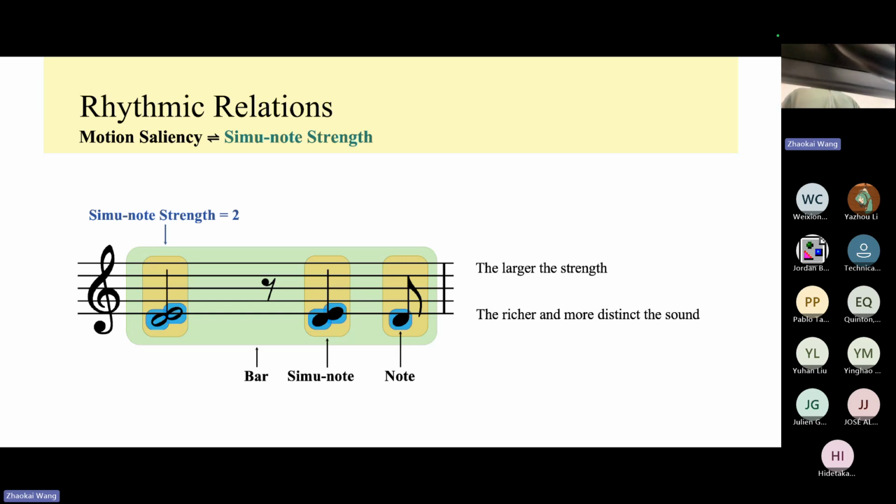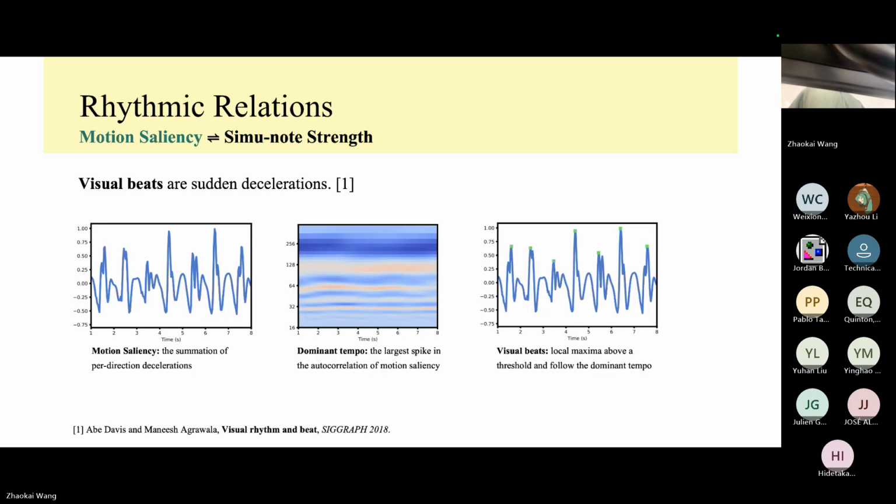So the larger the strength, the richer and more distinct the sound. And motion saliency is mapped into the seminode strength. Motion saliency is defined by visual beats. Visual beats are the sudden accelerations and decelerations, which is defined in the previous SIGGRAPH paper.